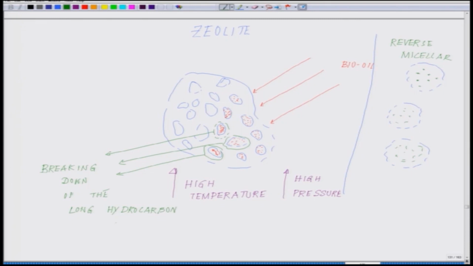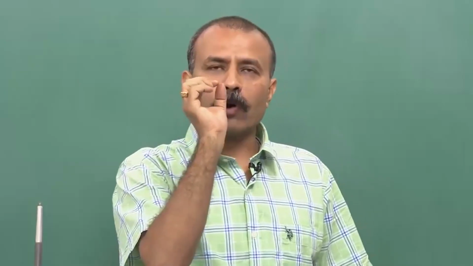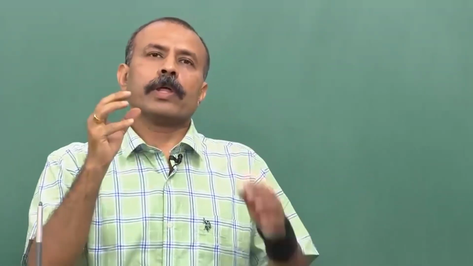The reason being, since you are confining the reaction in a small volume, in a small space, the amount of collision taking place between the molecules will be significantly higher as compared to when you are doing the reaction in a bulk or in a large vessel.